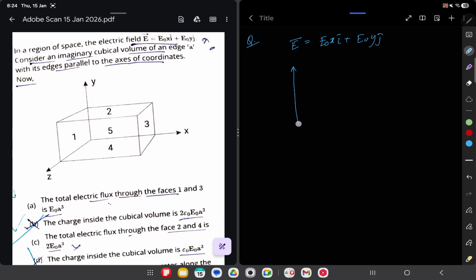So let's assume these are the axes x, y, z.